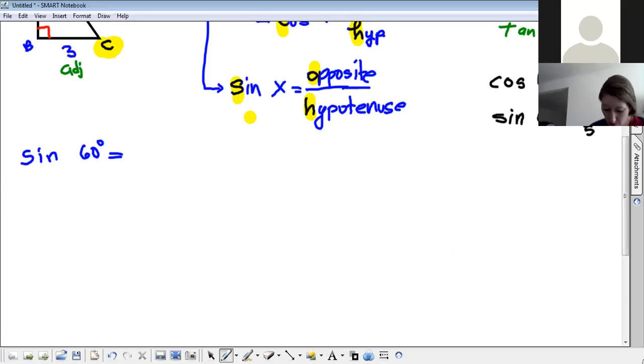Okay, so I'm asking you to find the tangent of 25 degrees. So put that in the calculator and tell me what answer you got, okay? Text it or say it out loud.